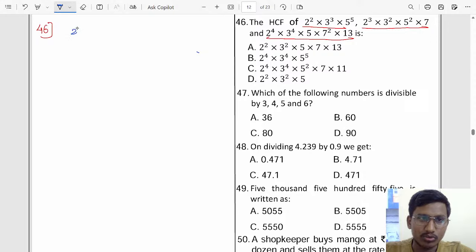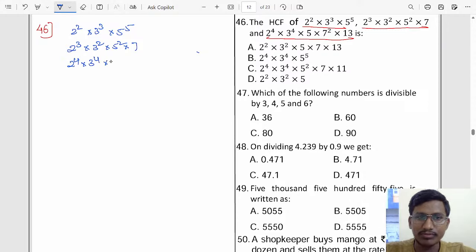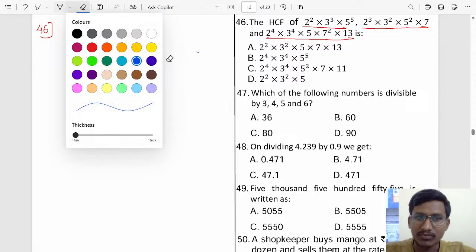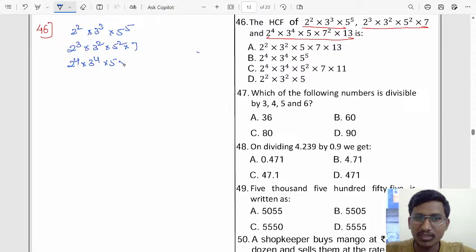So the first number is 2 power 2 into 3 power 3 into 5 power 5, and the second number is 2 power 3 into 3 power 2 into 5 power 2 into 7, and the fourth number is 2 power 4 into 3 power 4 into 5 into 7 power 2, and then 7 power 2 into 13.